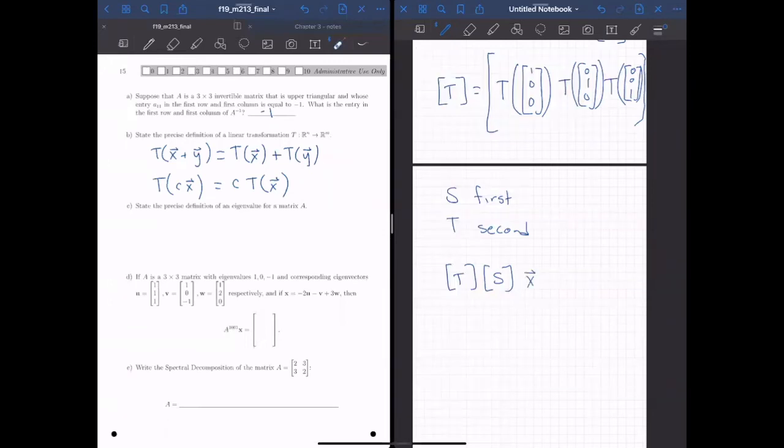When I multiply by a vector, the matrix on the right is the transformation that the vector x is going to see first. So x would see the S transformation first, and once it's done being transformed by S, it would finally see the T transformation. You just have to remember to write them in reverse order from the way you want them to happen.